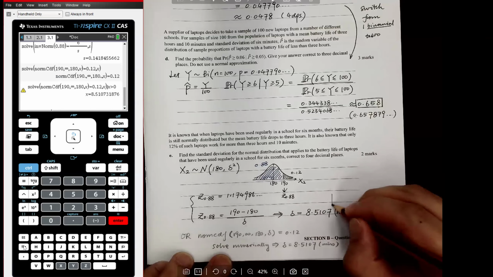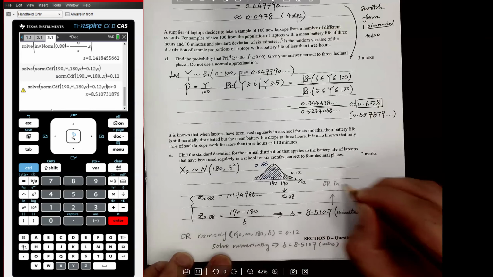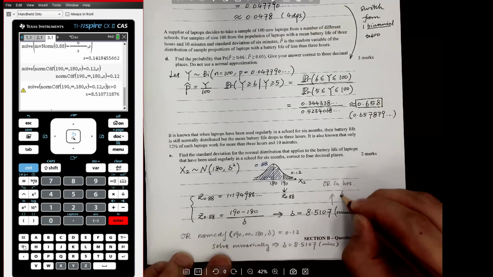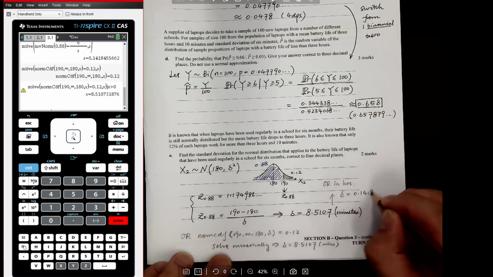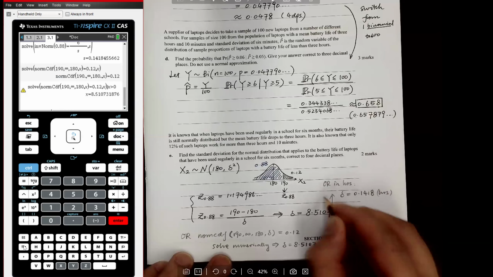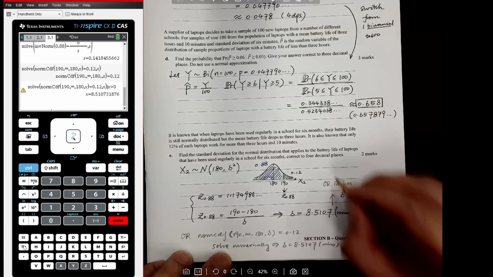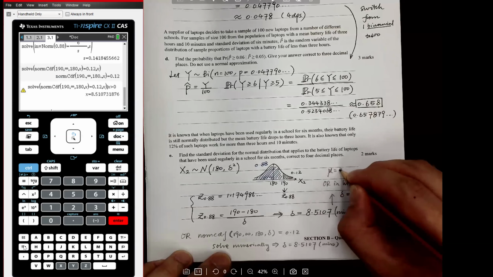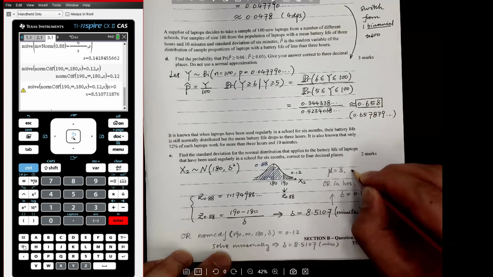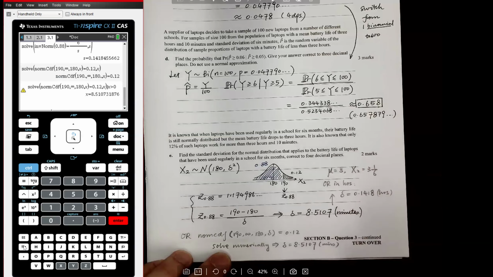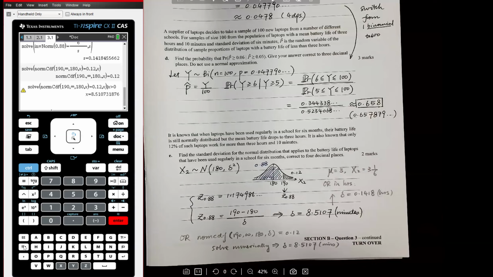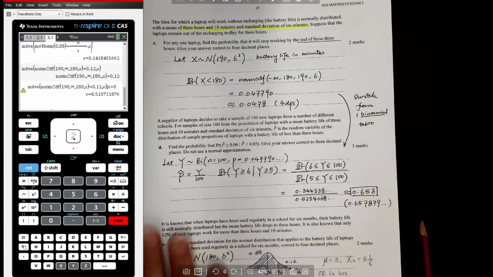And all in hours, sigma equals 0.1418 hours. Okay, that's very rare, like mu equals 3, and the x2 value equals 3 and 1/6, etc. Okay, right. Let's move on.